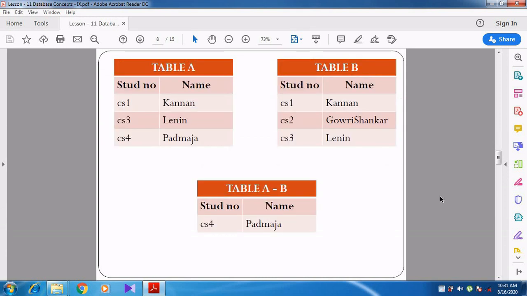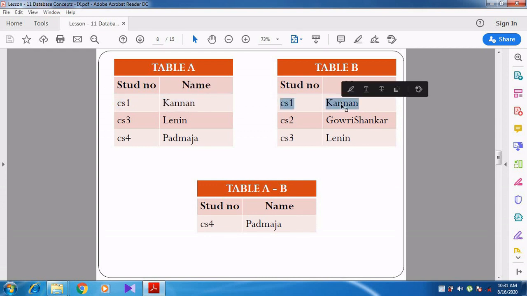Let us see the examples. The same table A: CS1 Kannan, CS3 Lenin, CS4 Padmaja. Table B contains CS1 Kannan, CS2 Gauri Shankar, CS3 Lenin. Now if I apply A minus B, CS1 Kannan is already in table B also.